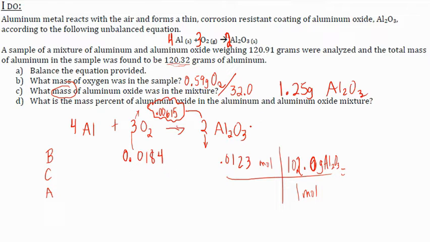Now they wanted to know what is the mass percent of the aluminum oxide in the mixture. So the original mixture was 120.32.